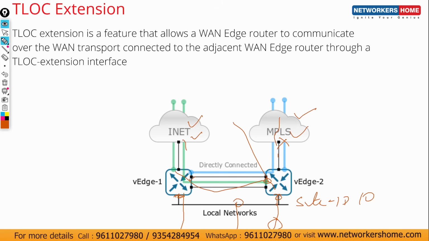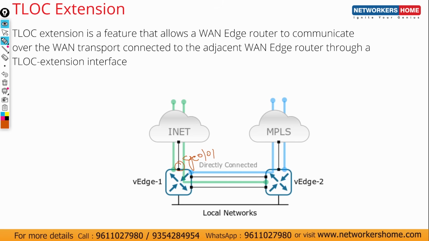Okay, so from a configuration perspective, this is the internet connection, let's call it GE00, and this is, let's say, GE02, and this is also GE02. So you want this interface to be the extension, or TLOC extension, for this particular interface.